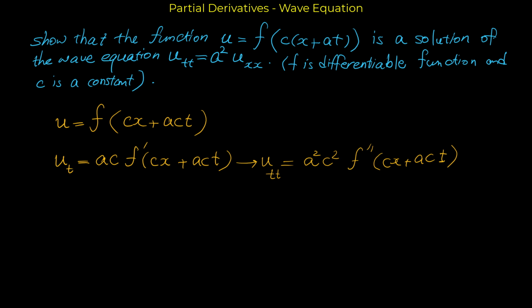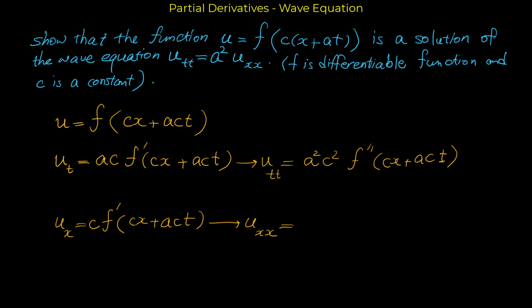Now, let's start with the other part. We want to find the partial derivative of u with respect to x. The derivative of f again is f prime of cx plus act, and the derivative of the inside with respect to x is only c. From this we have to take the derivative with respect to x.